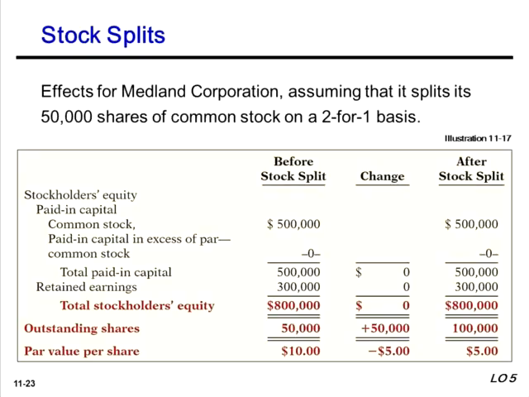Before the split, the par value per share is $10. Now, in calculating the par value after the stock split, we're taking the $800,000 and dividing by 100,000 shares, and we get a par value of $5 per share. So the number of outstanding shares doubled, and the par value was cut in half.